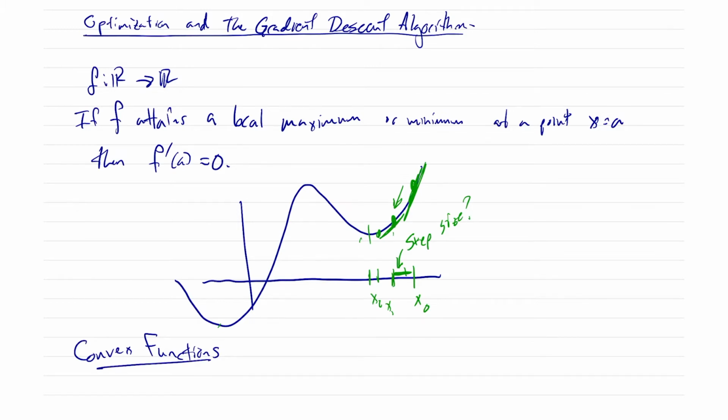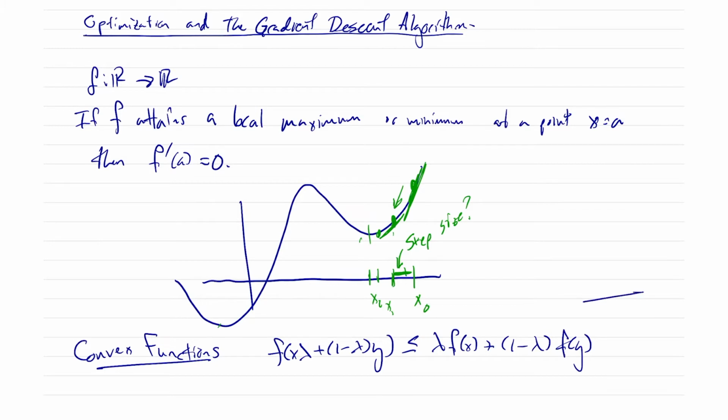And so this is a function such that if you take x times lambda plus 1 minus lambda times y, then f of that is going to be less than or equal to lambda times f of x plus 1 minus lambda times f of y.